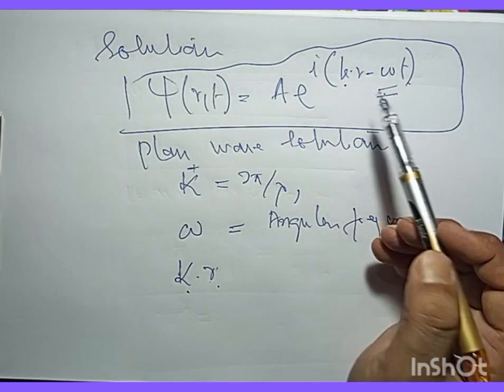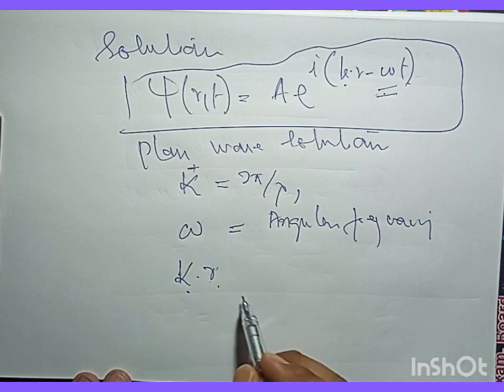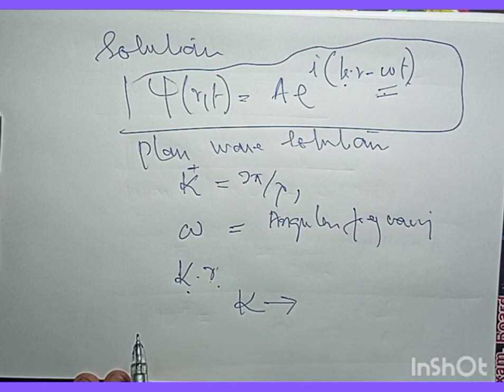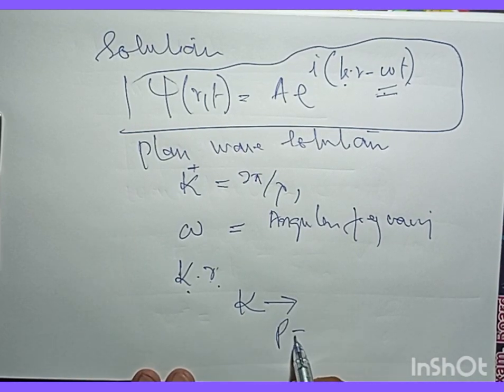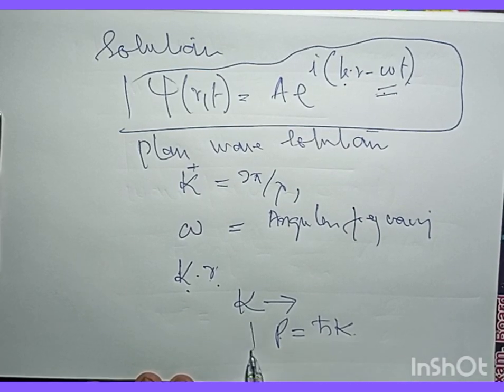And we can talk about the wave vector k. This k is related to the momentum of this particle. When we make use of the de Broglie equation, we can easily calculate the momentum of this particle as h cross k.